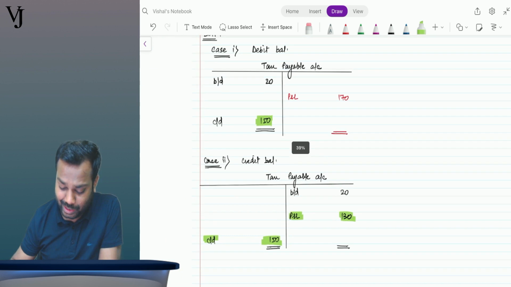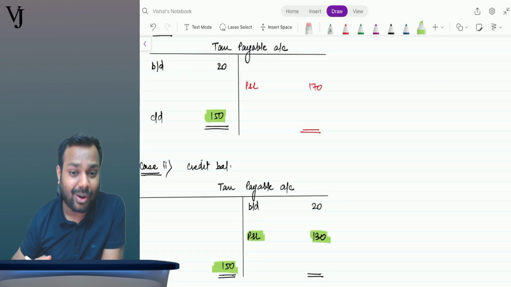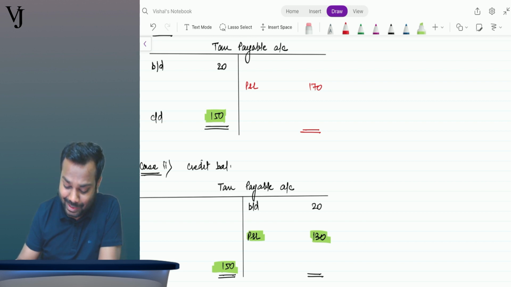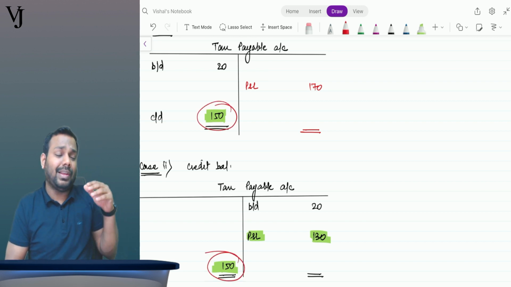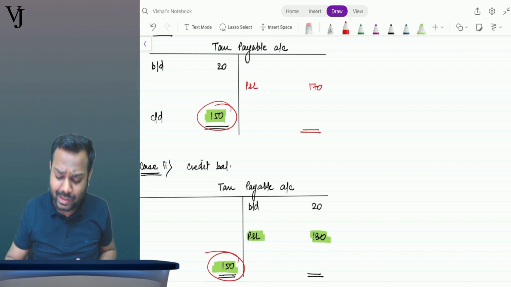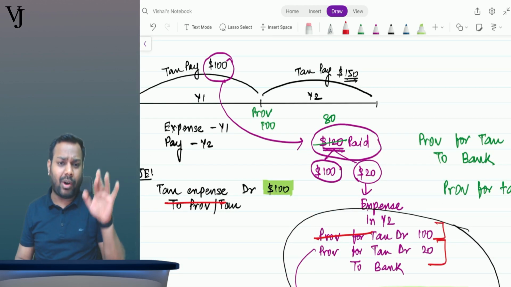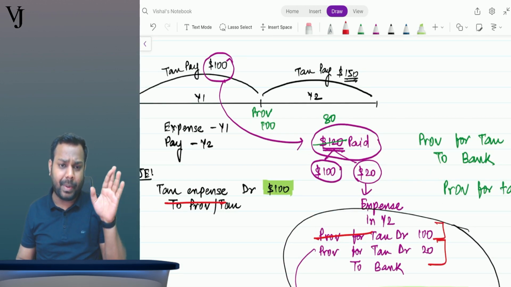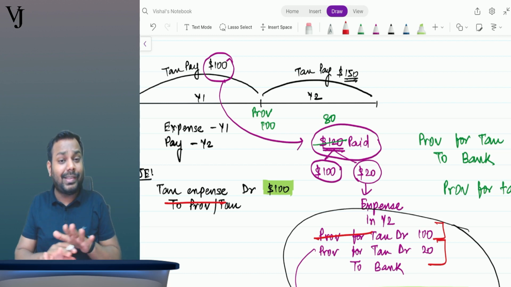Now, if you have noticed, the amount recognized in the statement of financial position remains the same at 150, irrespective of whether there is a debit balance or a credit balance. Sir, why does this happen? Understand again here. The opening debit or credit balance will be paid here and settled.